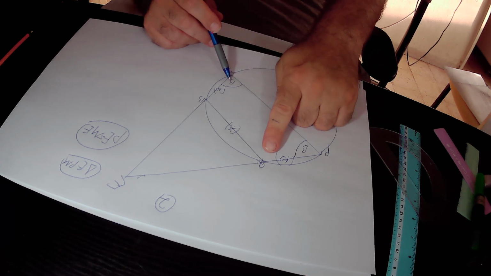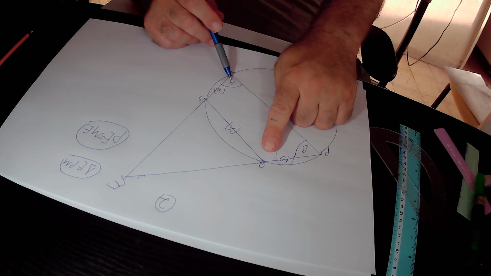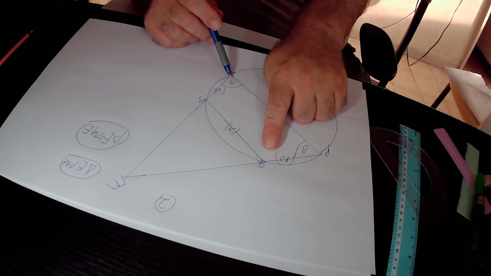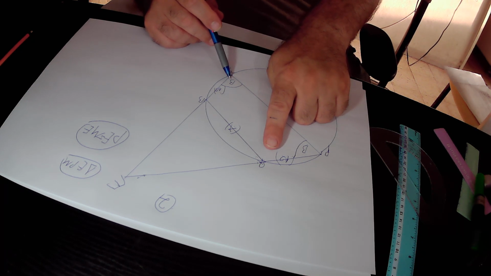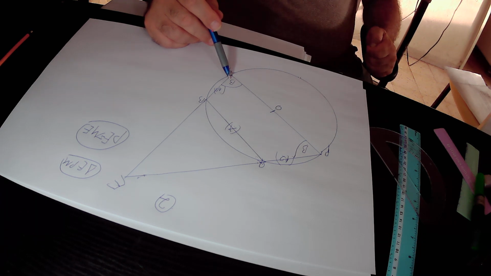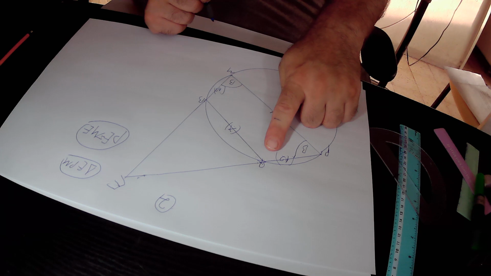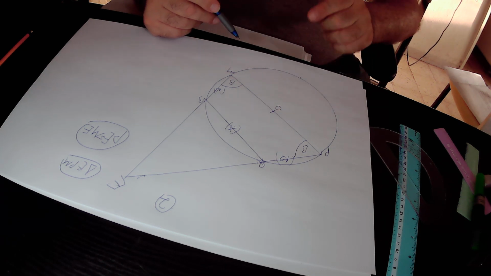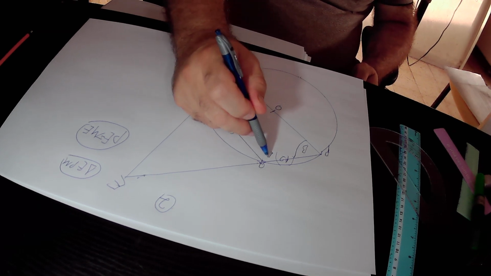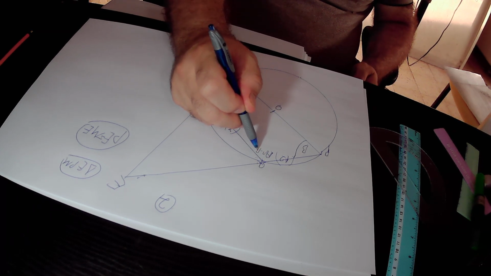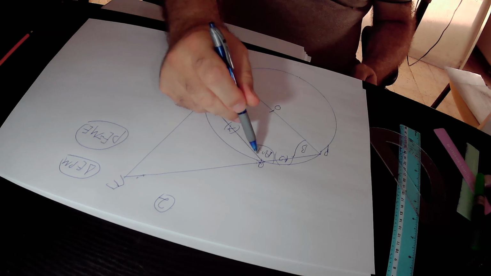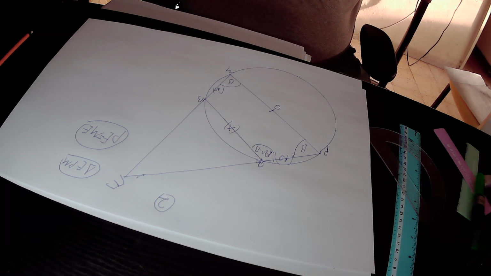But this angle equals beta, so angle beta plus the size of this angle in total must be equal to 180 degrees according to rule 16. Therefore this missing angle must be equal to 180 degrees minus beta. Why? Because 180 degrees minus beta plus beta is 180 degrees.